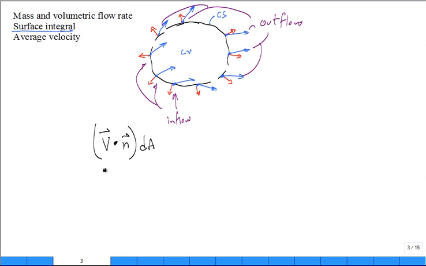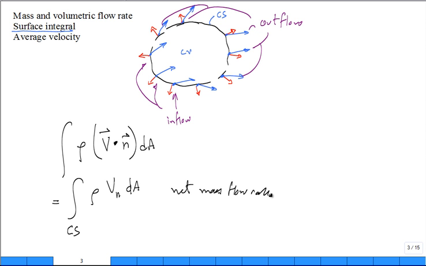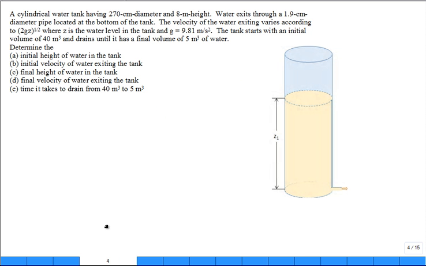So now I have the normal velocity times the area. That gives me the volumetric flow rate at that area. If you want mass flow rate, multiply by rho and integrate, sum over all the control surface. If I integrate it all, it would be the net mass flow rate out of the control volume. What will be the units on that? Maybe kilograms per second.